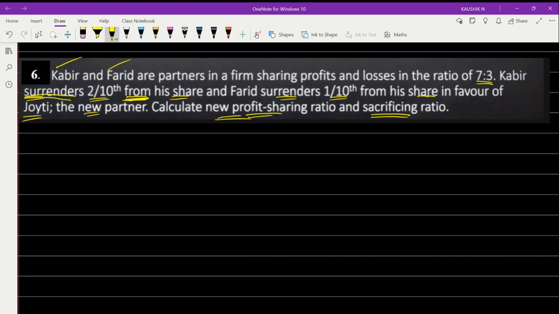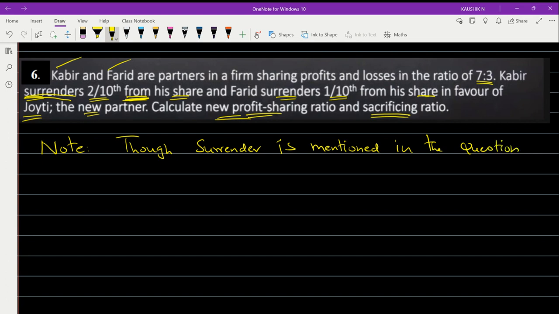So, with the words, you are not supposed to take a call. You have to see the supporting keyword that is mentioned. Here, a special note: though the word surrender is mentioned in the question, it is not a case of surrender.